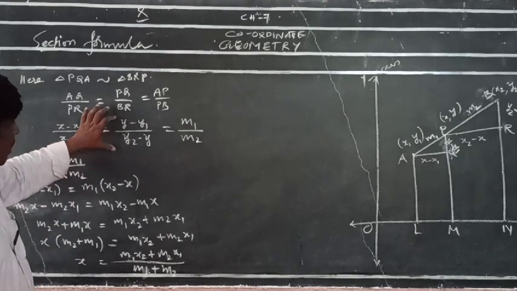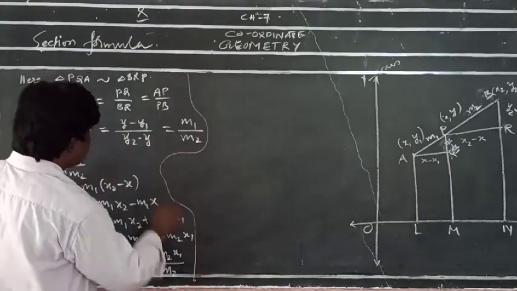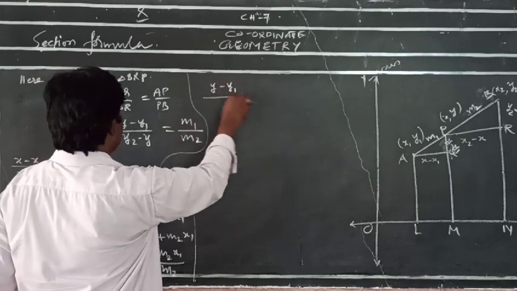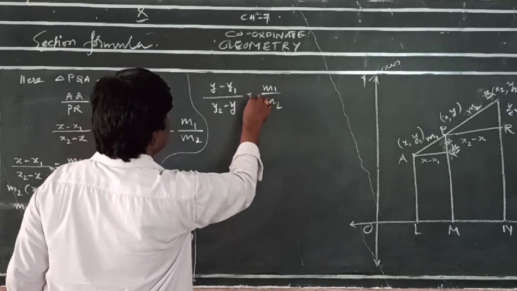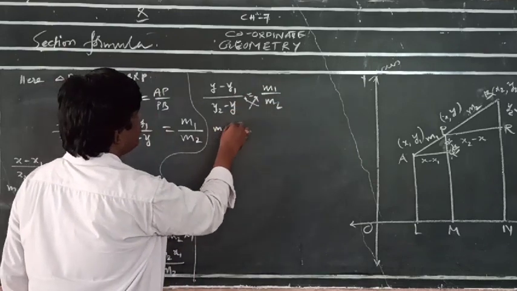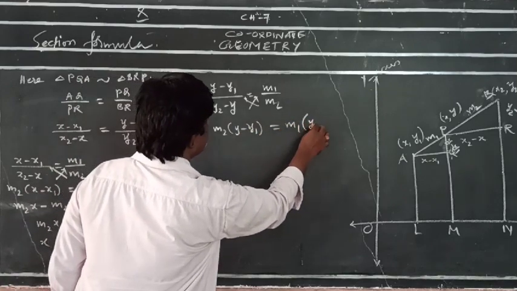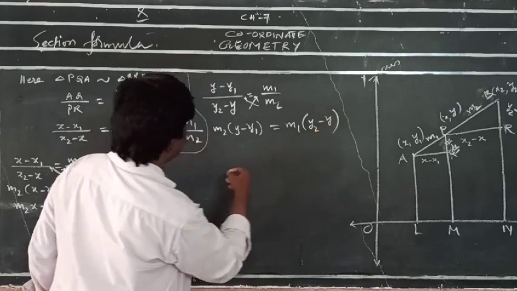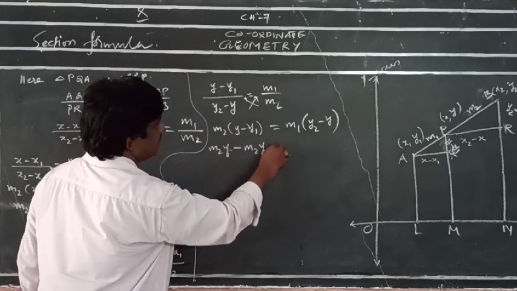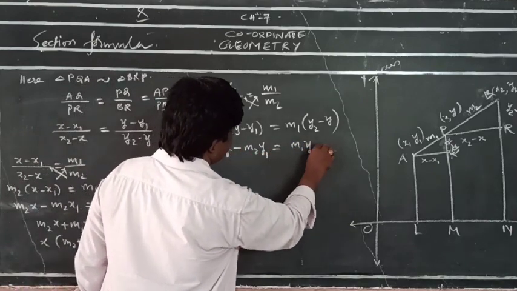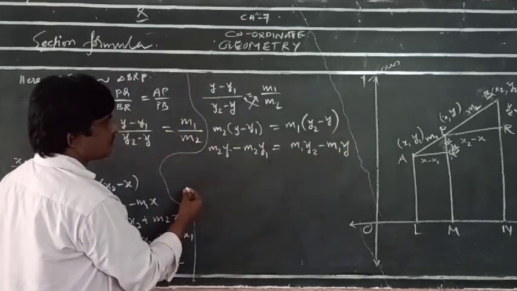Now in the same way, how do we find y? Take this relation: (y minus y1) by (y2 minus y) is equal to m1 by m2. Under cross multiplication, we will get m2 into (y minus y1), which is nothing but m1 into (y2 minus y). Now this is m2 y minus m2 y1 is equal to m1 y2 minus m1 y. Make the negative y term positive by interchanging.